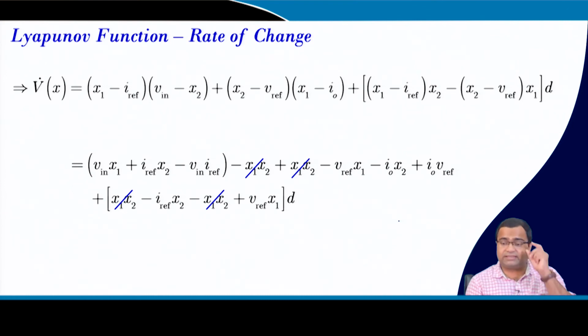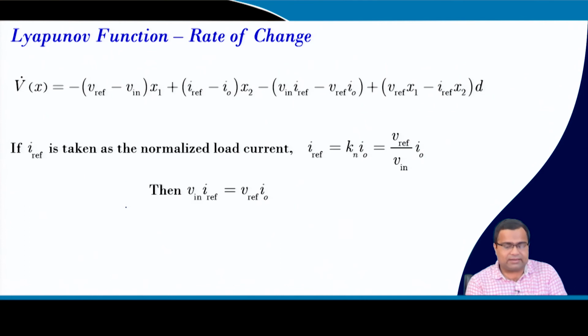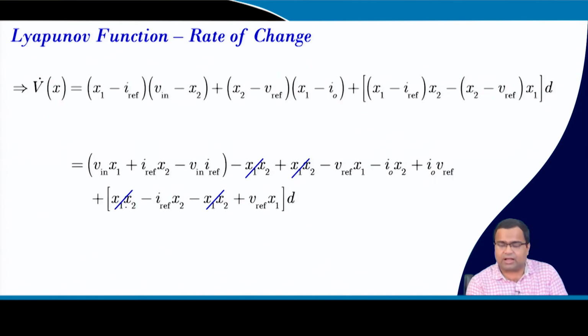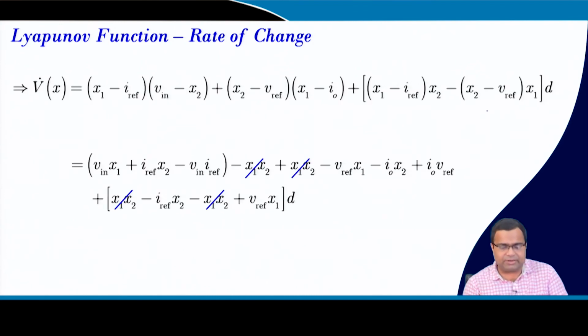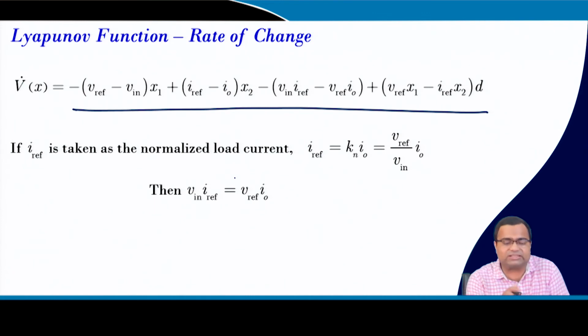If we rearrange this function, this all will be eliminated and we get this kind of structure. That means the x1 x2 cross terms are gone, and now we got this form.